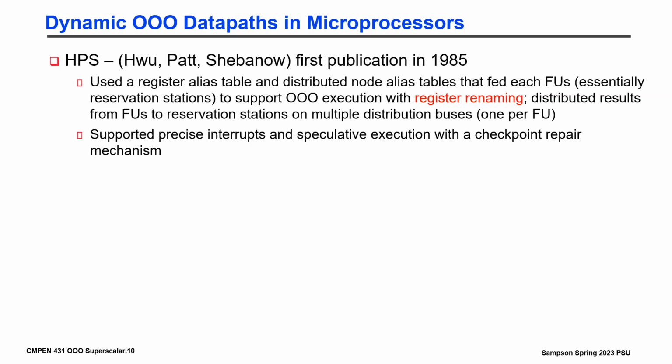What way would we implement this known possibility to exploit dynamic scheduling using the resources that we would have on a single chip? So HPS, which just happens to be the initials of the authors of that paper, Wenmei Hu, Yale Pat, and I can't remember Shebanow's first name.